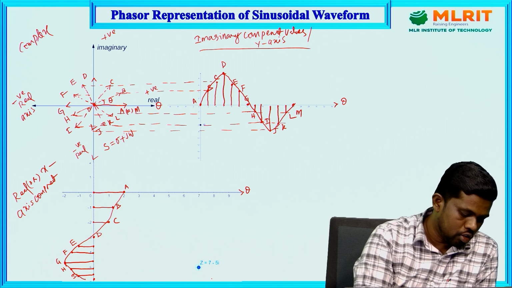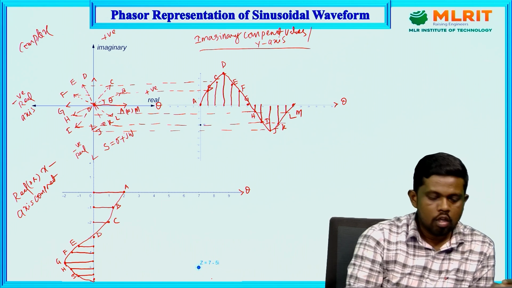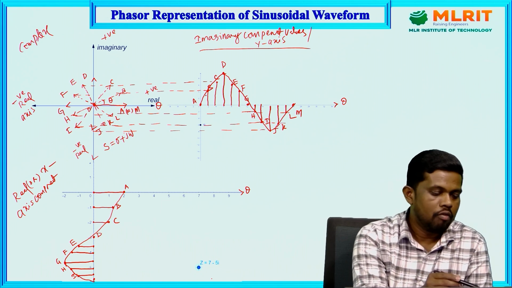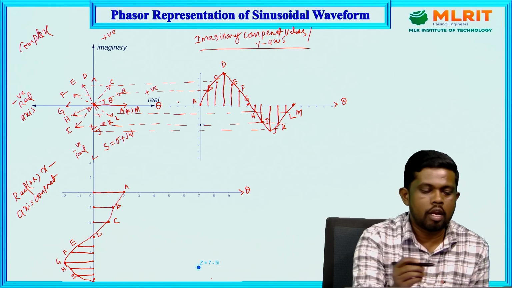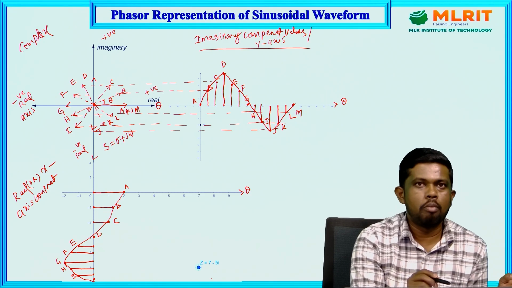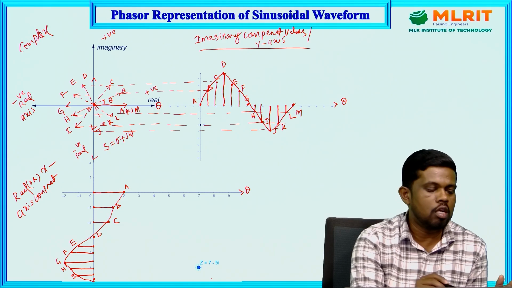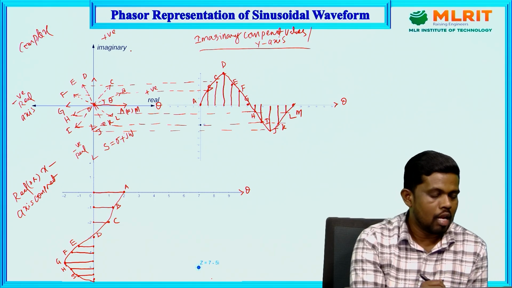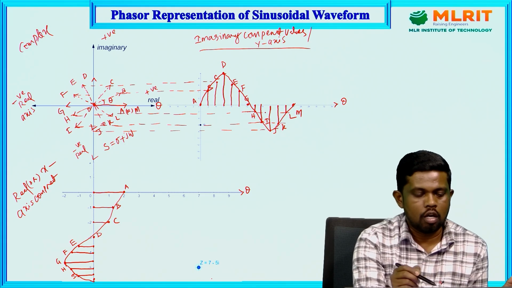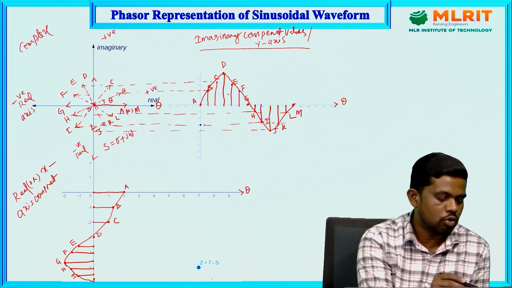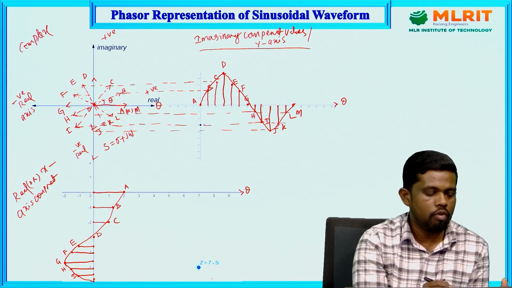If the vector is rotating in the complex plane in the counterclockwise direction, there will be two component values, that is the imaginary and also the real axis component value. The imaginary axis projection will be mentioned here, and also the real axis component value we would like to mention here.